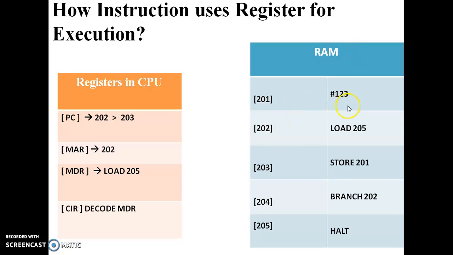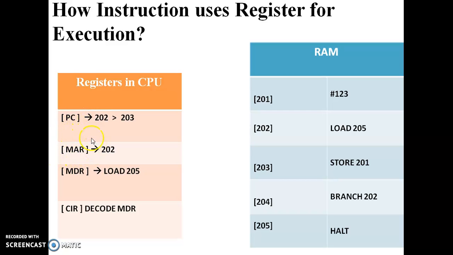And at these memory locations, there is some data stored. Now, as I have told you, PC will initially contain the address of the memory location from where it has to start the execution. So what does PC have right now? It has 202. So it will move into MAR.